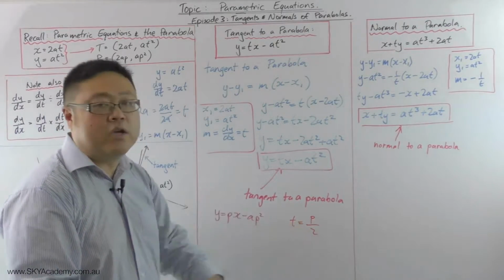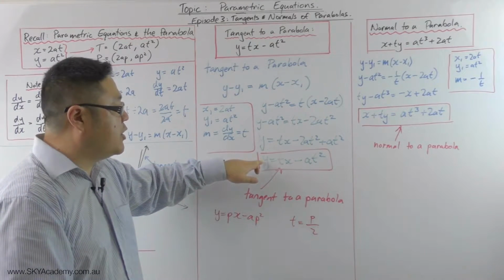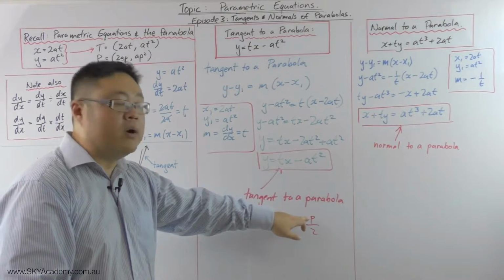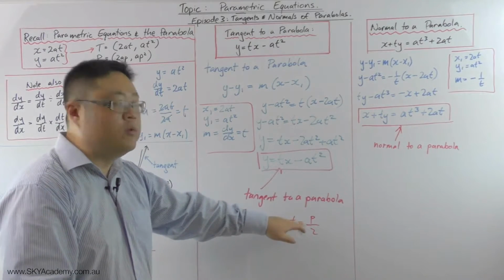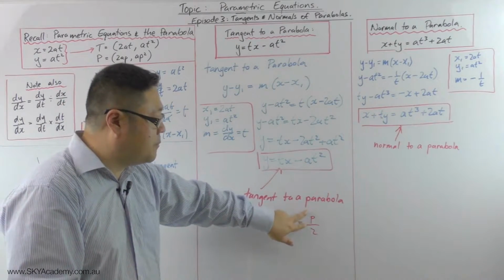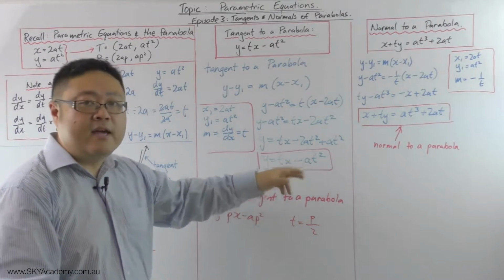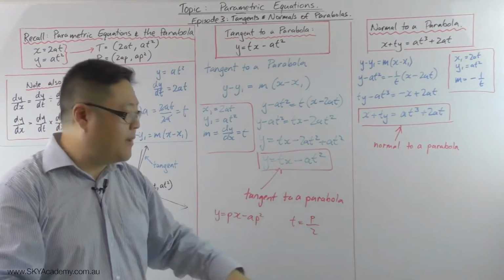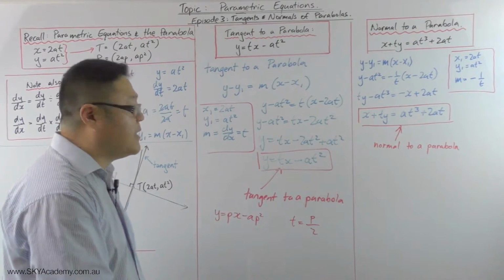Then what you would have to do is not only work out the tangent at the point t, but if you were to work out the tangent at the point p, where the relationship between t and p is p on 2, then what would you have to do? You would have to substitute p on 2 into there to work out the tangent at p, for some other point.